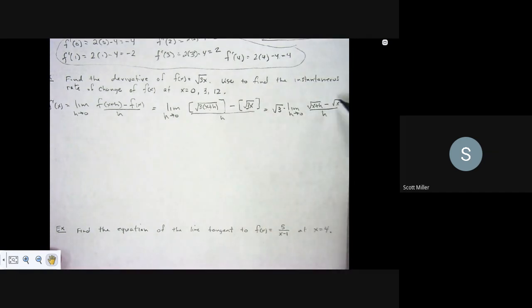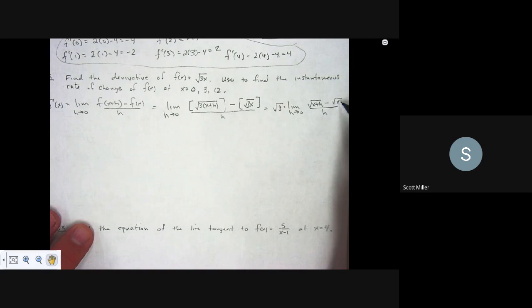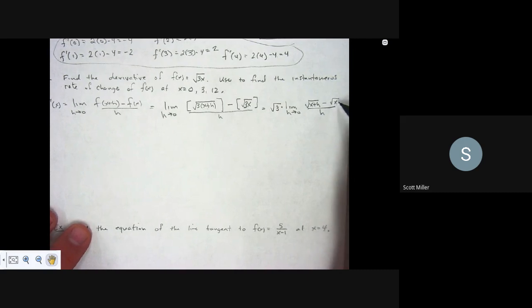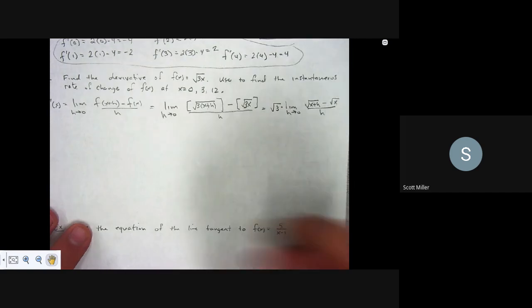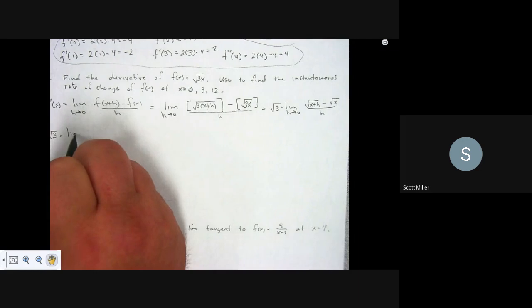Okay? Now, at this point, there's nothing I can really do here because I'm going to get an indeterminate form, 0 over 0 here. I can't plug in 0. So I have to use one of our techniques, which was the rationalization technique. So remember that rationalization technique is to multiply the top and bottom by the conjugate of that. We're rationalizing the numerator here, so this expression becomes the square root of 3 times that whole thing.